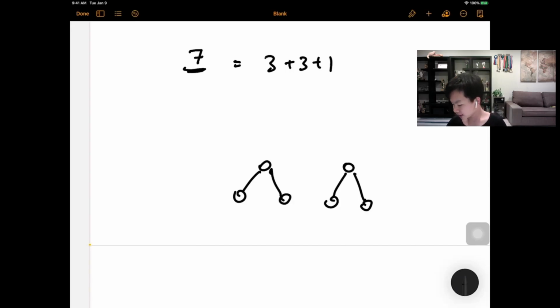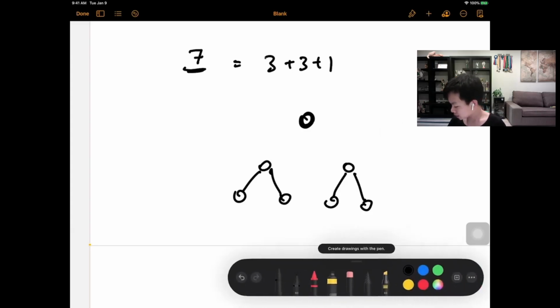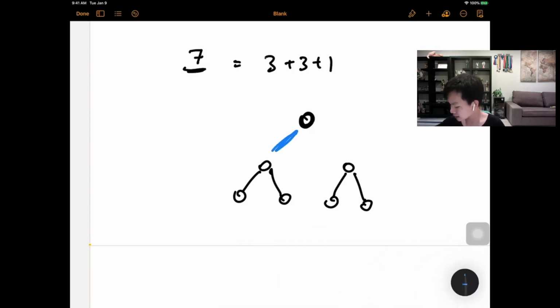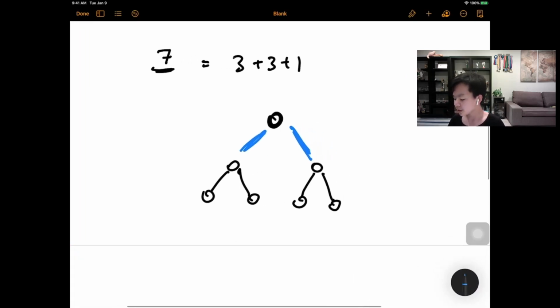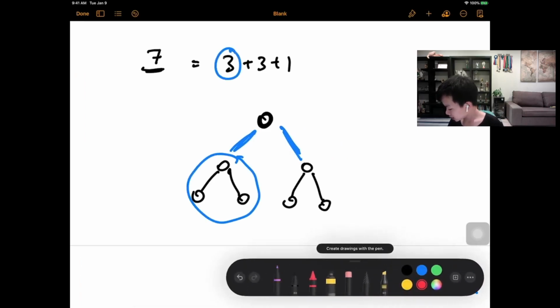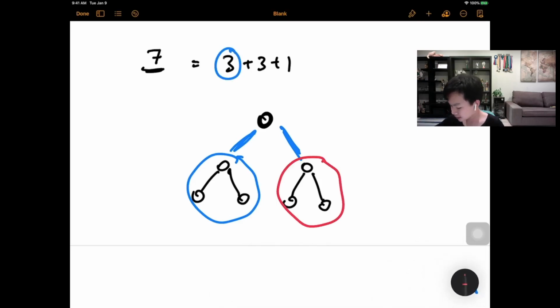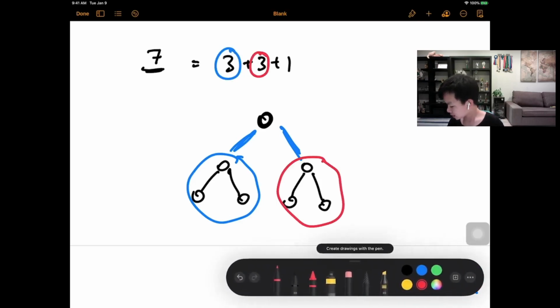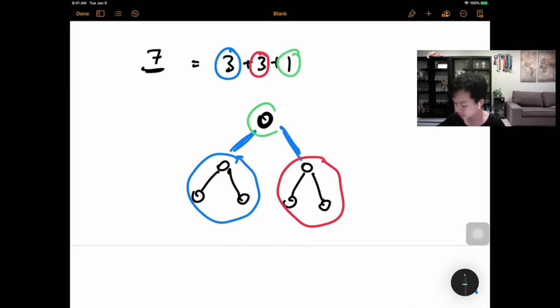If we merge these to make a bigger one, we add a root node over here and connect these. So the 3 over here is here, the 3 over here is over here, and last but not least, we have our root node.